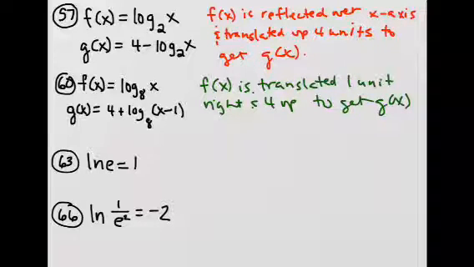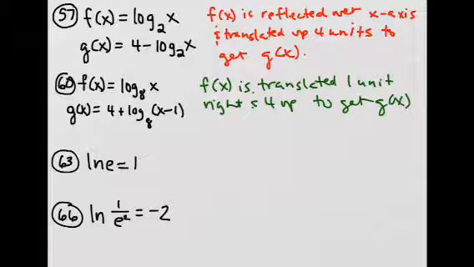In 63 and 66, you have to convert from log form to exponential form. So remember, on the other side of the log is the exponent. So this is the exponent, this is the exponent. Whenever you see ln, like you do here, that means that the base is e, okay? And what you see here is what it equals.